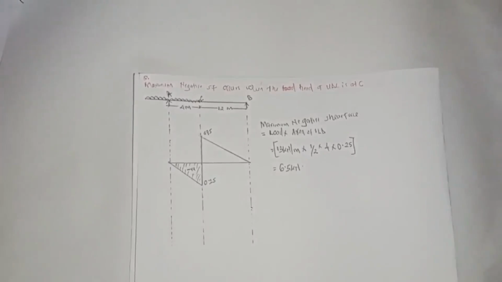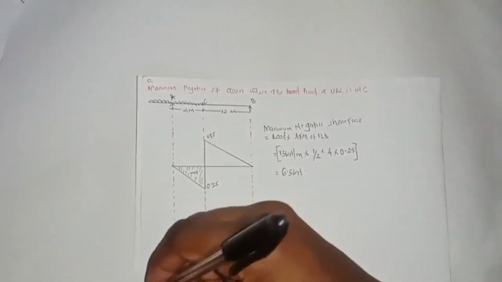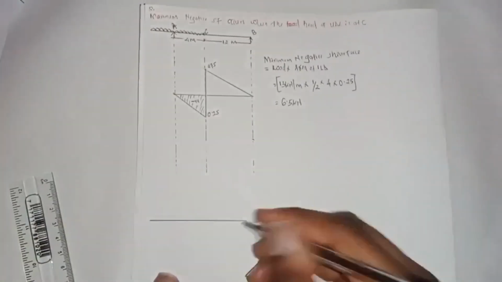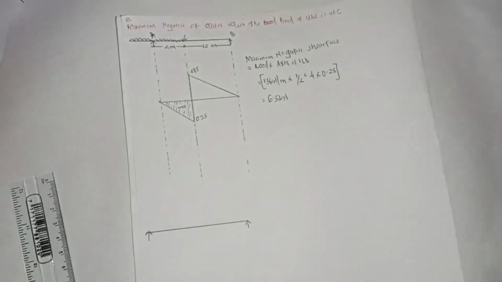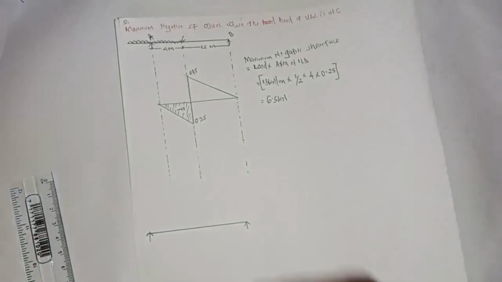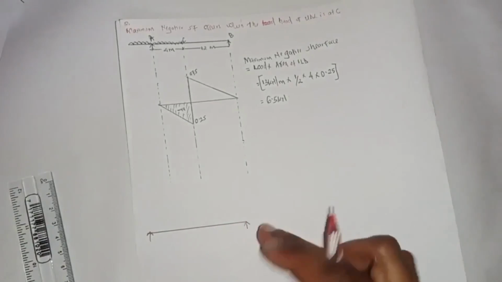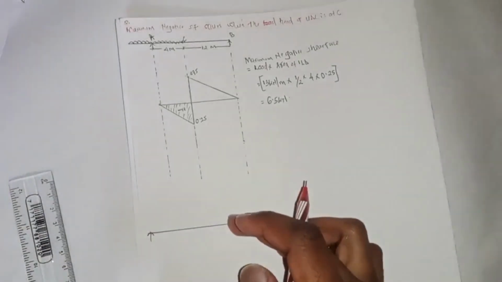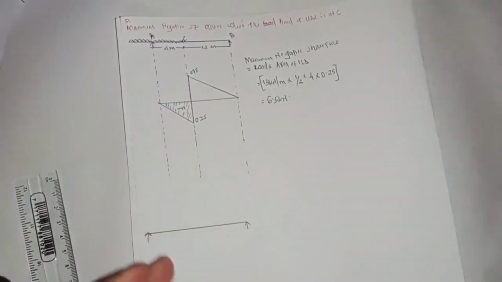So to calculate our maximum bending moment, we're going to take our beam like this. I hope you are noting everything down, that for us to get the maximum bending moment, our UDL is going to cover the whole span.